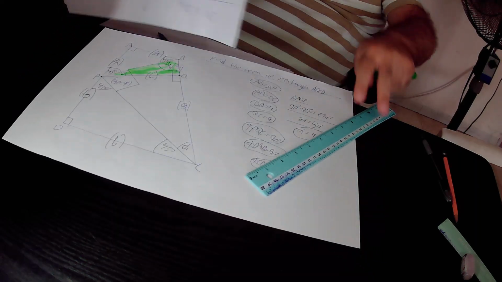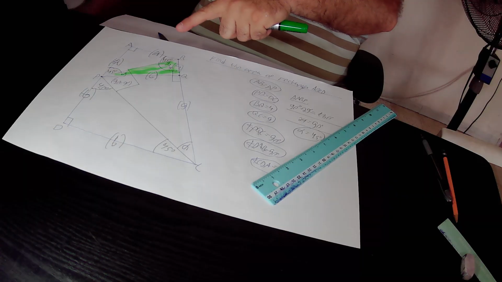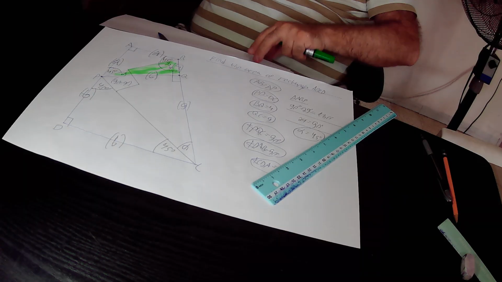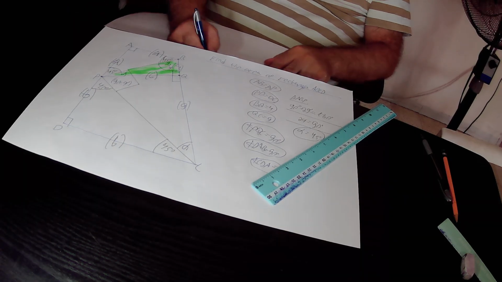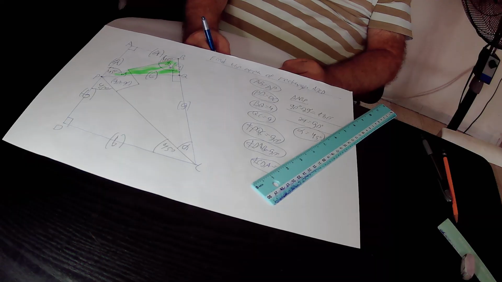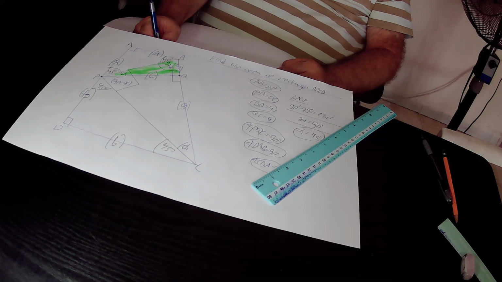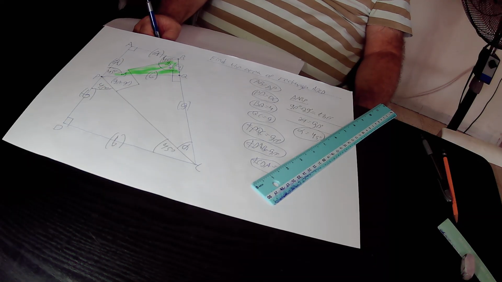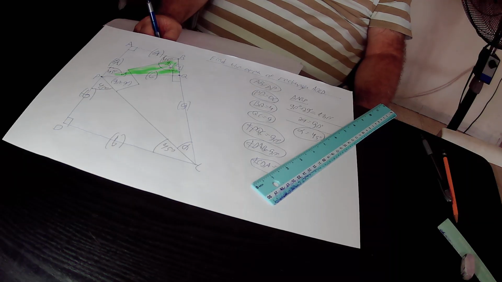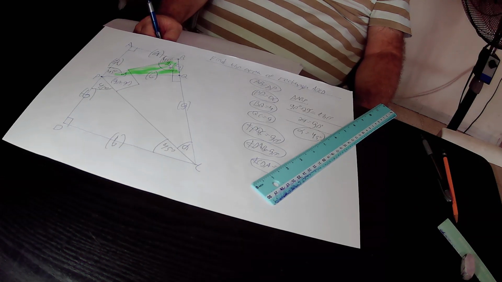Our mission is to find out the area of this trapezoid ABCD. So what is the area of trapezoid ABCD? Actually, we have a special formula for the area of any trapezoid, but we will not use the special formula. We find the area of trapezoid ABCD in a different way.